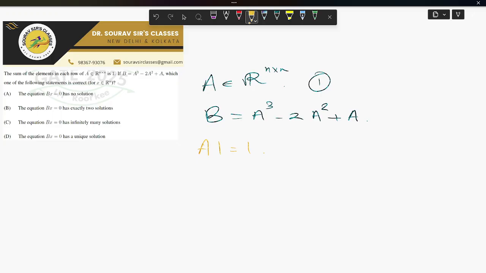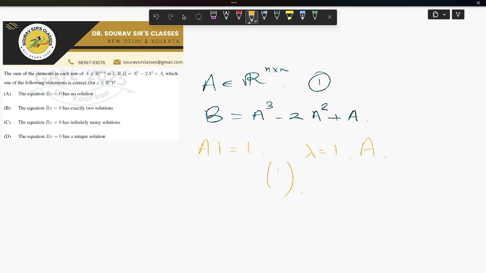This means that lambda equals 1 is an eigenvalue of A. As this is the row sum, we know that the row sum is an eigenvalue of the given matrix. Lambda equals 1 is an eigenvalue of A, with a corresponding eigenvector 1, that means the vector 1, 1, 1, and so on.